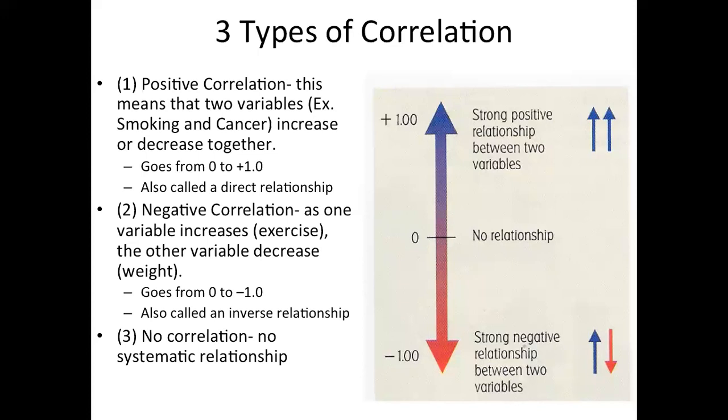So an example of a positive correlation would be smoking and cancer. The more you smoke, the greater the risk of developing lung cancer. Right? We know roughly 90% of the cases of lung cancer involve smokers. So, can we predict based on your frequency of smoking your likelihood of getting cancer?